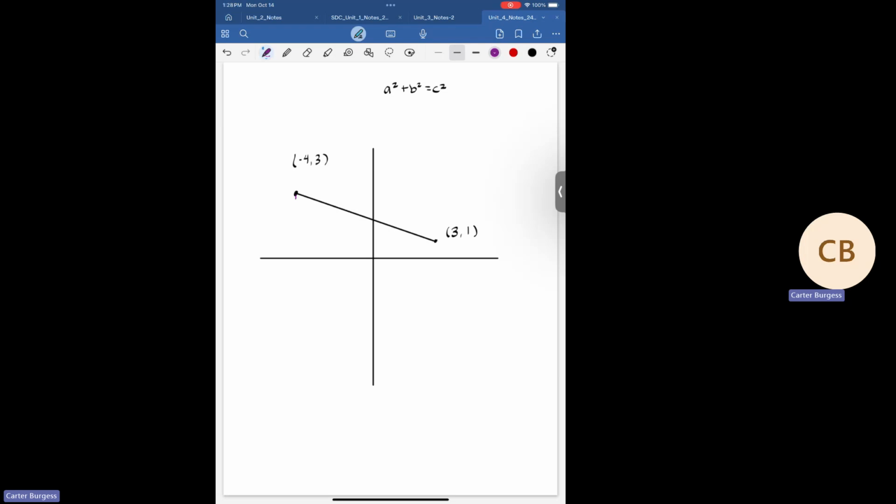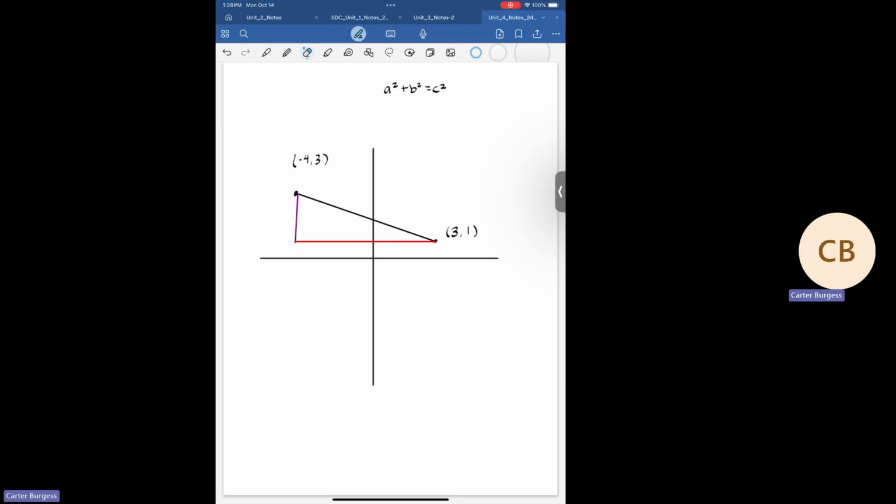So from -4, 3, maybe just straight down. The x value is going to stay the same, but we want to now match the y value that we'll have here of 1. And then similarly, x displacement all the way across. So a right triangle like this.